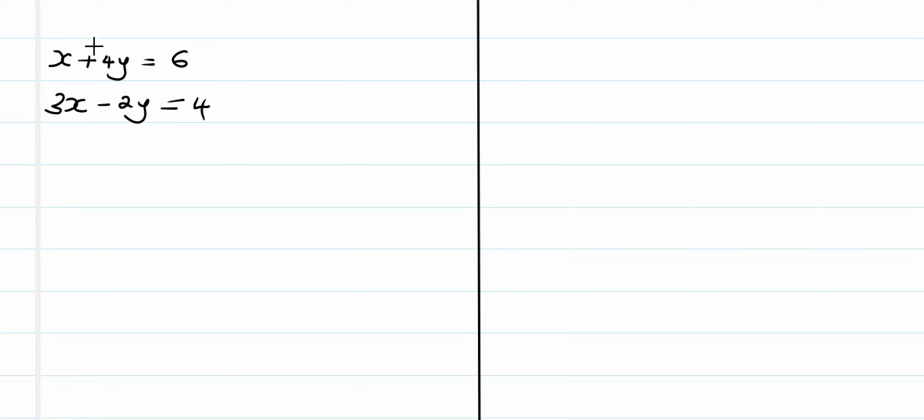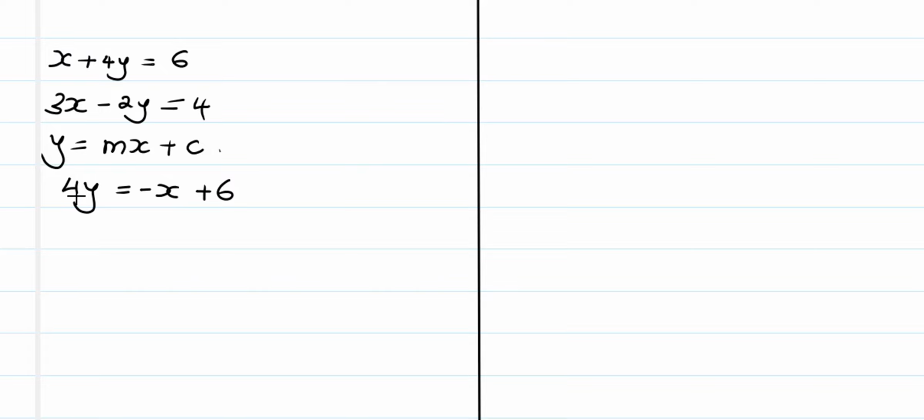So as usual, the first step is to force the two equations to follow this format, y is equal to mx plus c. So can we start with the first one? Now we have x plus 4y equals 6. What I can do is let me leave 4y on this side, then take x to the other side. And when I take x to the other side, it will be negative x, then plus this 6.